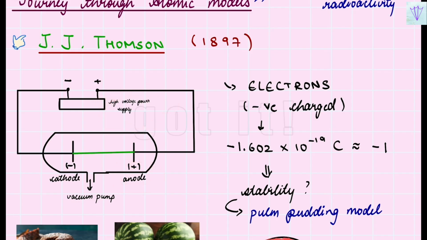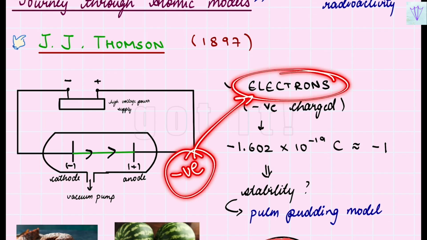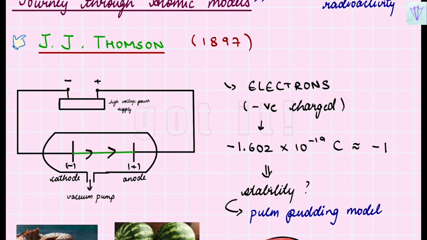This gave rise to the cathode ray, which he noted to be negative, later named electrons, passing from the cathode to the anode. The charge of these negatively charged particles was found to be about minus 1.602 × 10^-19 coulomb, which we take as approximately minus 1 for easy calculations.